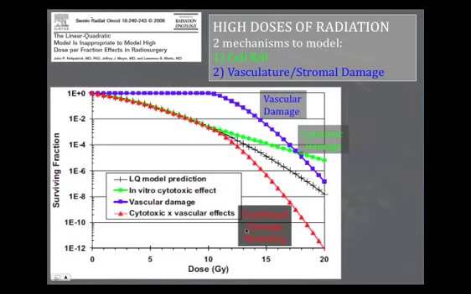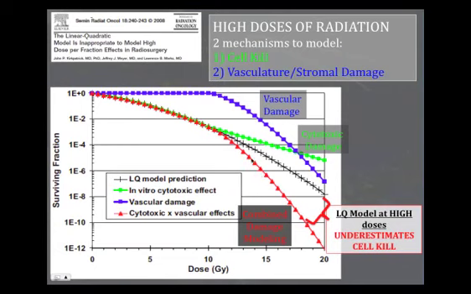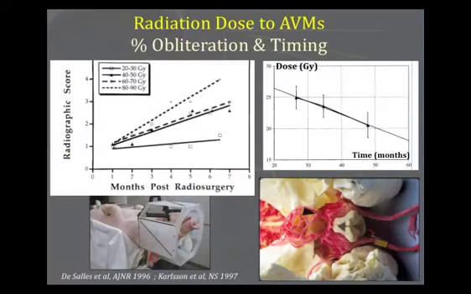And when you add all this up, you see the linear quadratic model actually underestimates cell kill when you are applying high dose per fraction of radiation or high dose radiosurgery. Taking that into account, and now that the harder portion has passed, hopefully it will be smoother from here to the end. So what do we know about doses and irradiation to the vasculature?